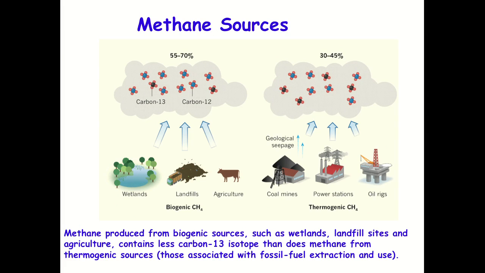And that's one way we can use to split methane concentrations in the atmosphere between those two different types of sources. So, as it says at the bottom there, methane produced from biogenic sources contains actually much less carbon-13 isotopes, the heavier isotope, than does methane from the thermogenic sources. Those are the ones associated with fossil fuel extraction, fracking, etc.